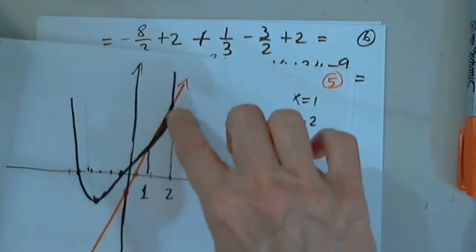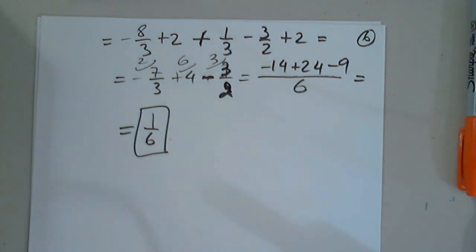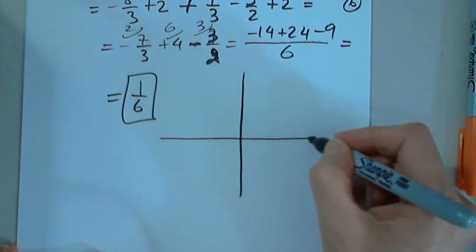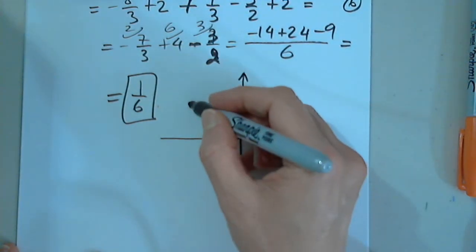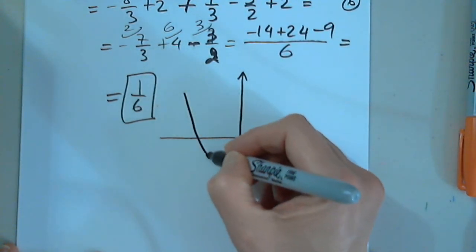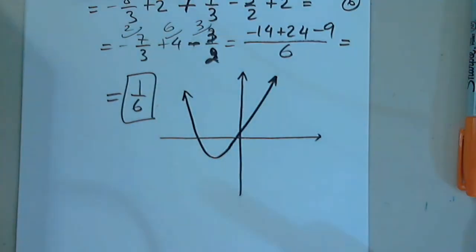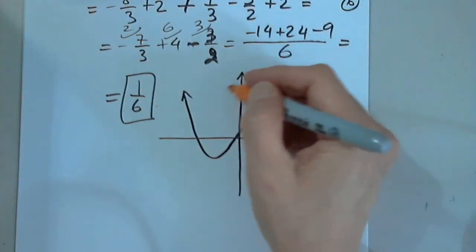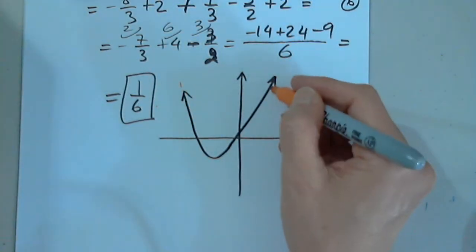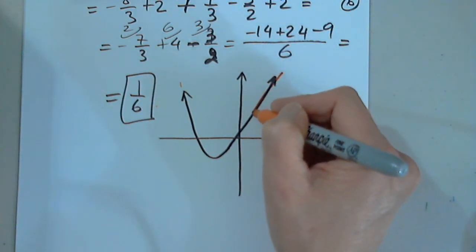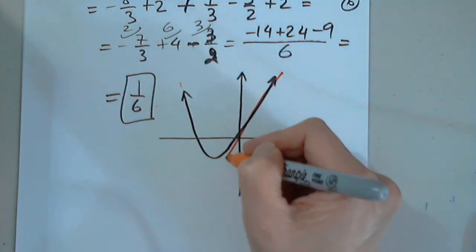So this area. So now the correct graph, because I stretched it over there, should be something like this. Something like this.